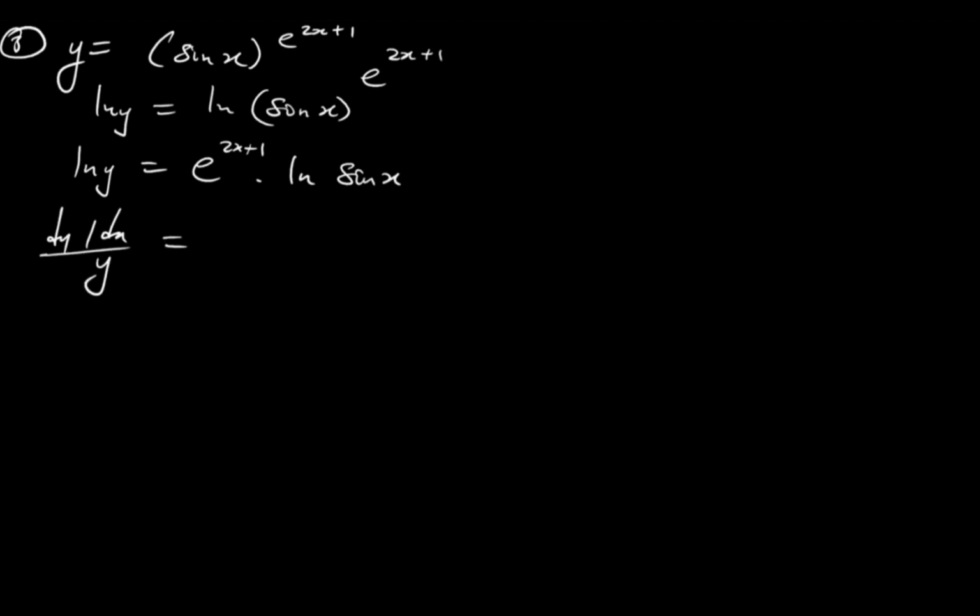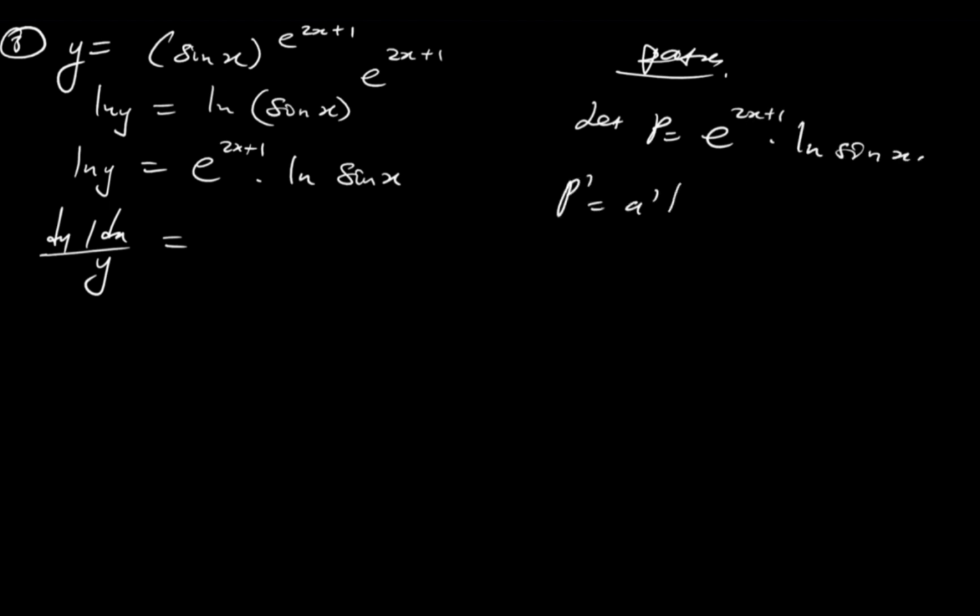For the right hand side, we have to introduce the product rule. So just let p equal e to the 2x plus 1 times ln sine x. So we know that p prime will be a prime b plus b prime a. So a is e to the 2x plus 1. The derivative of e to the something is always the derivative of something times e to the something.